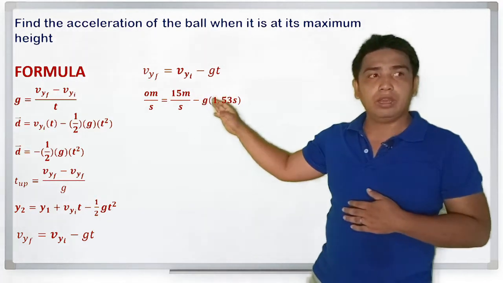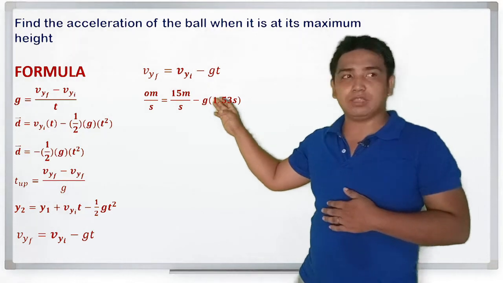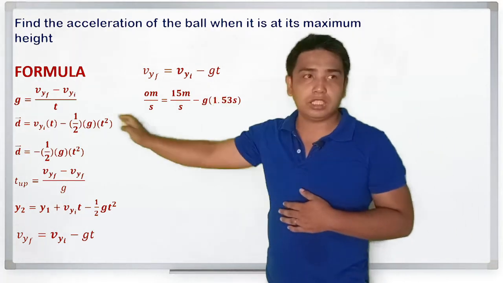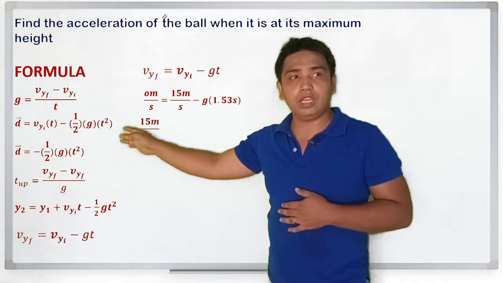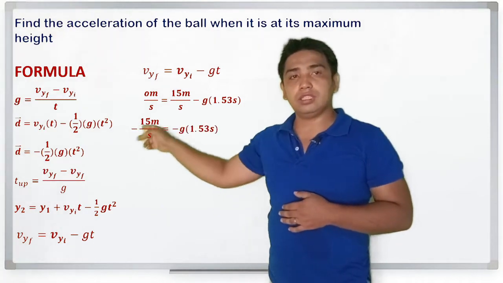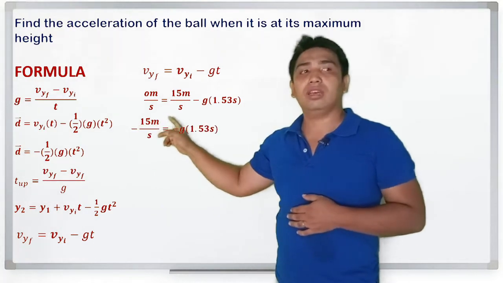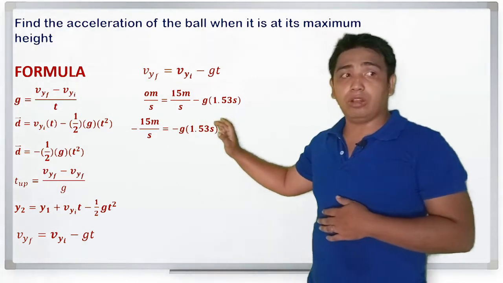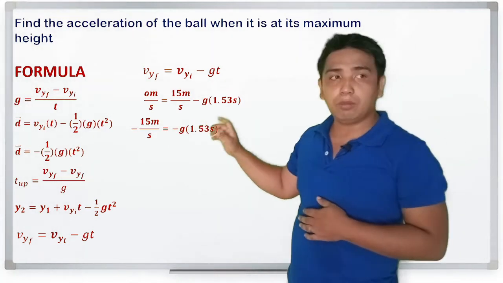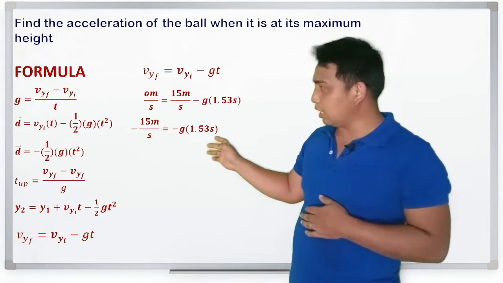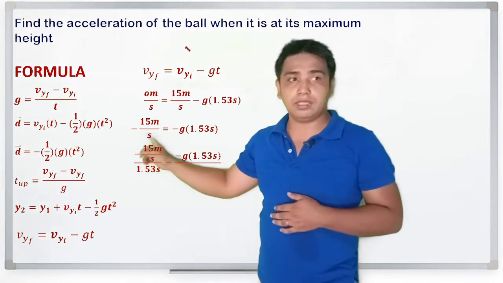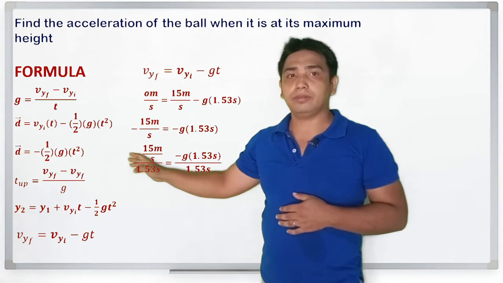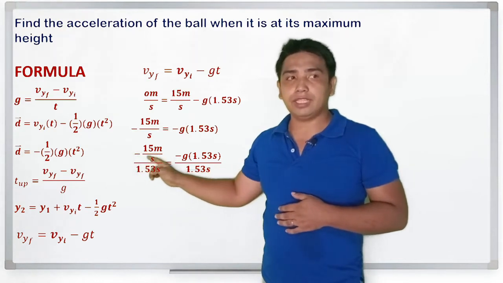Alright, so we are going to transpose 15 to the other side, so that's gonna be negative 15 meters per second is equivalent to negative g times 1.53 seconds. Alright, so we are going to divide both sides by 1.53, so that's gonna be negative 15 meters per second all over 1.53 seconds.